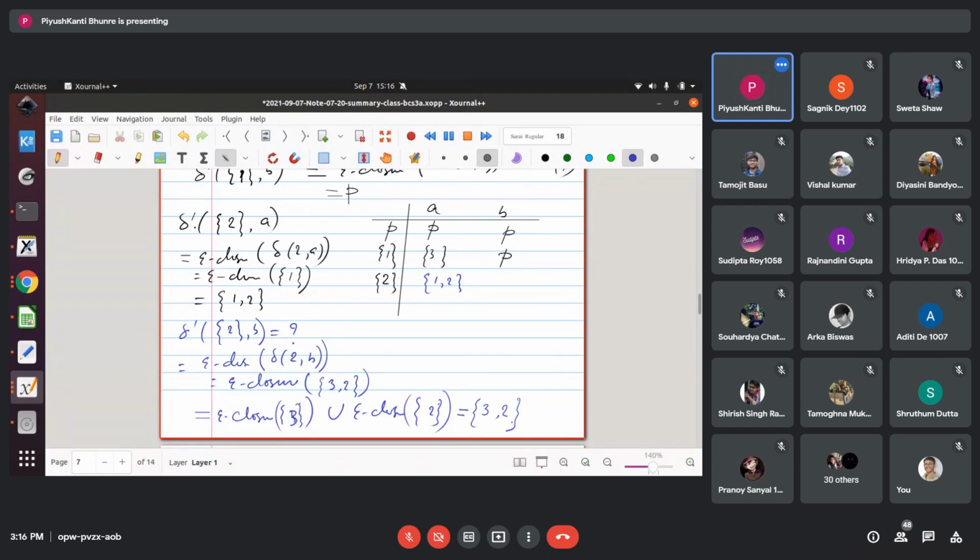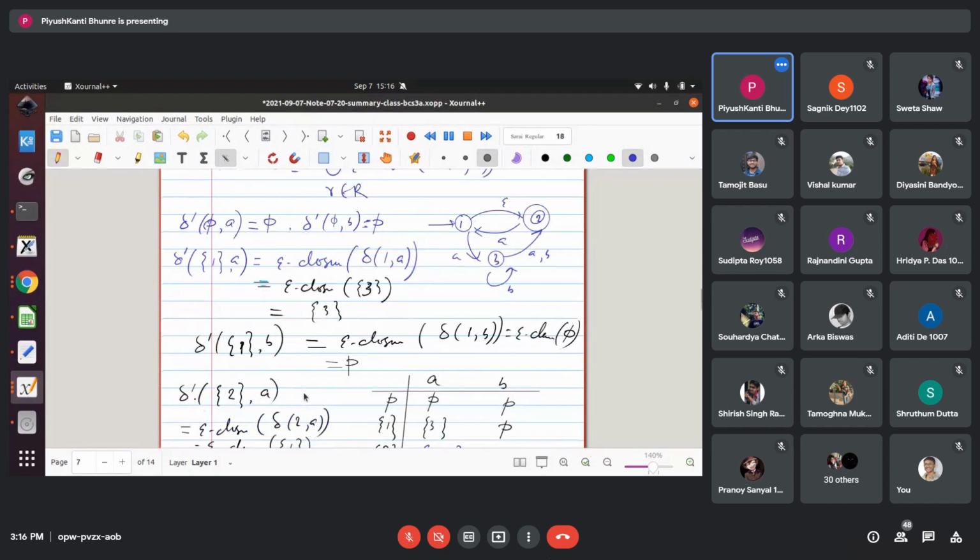One second. Delta 2B, it can go to state 2 or it can remain in the same state, right? But going to state 2, it will be there.